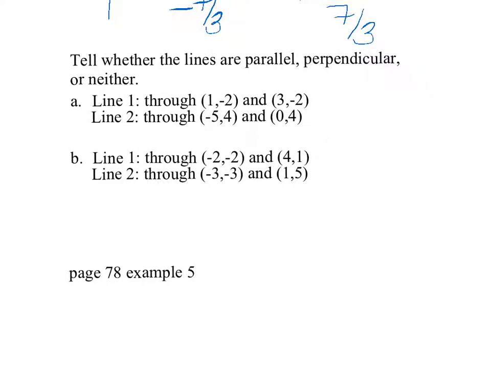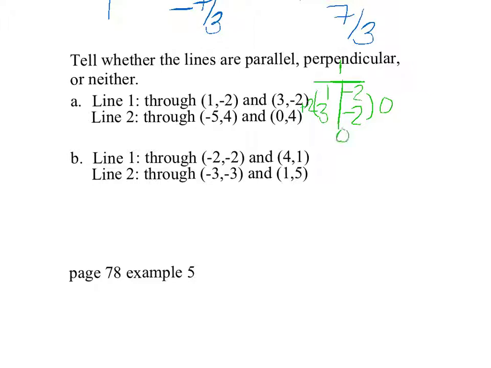And then last here, we're supposed to tell whether the lines are parallel, perpendicular, or neither. You know, we get stuck in this idea of they have to be either parallel or perpendicular, but it is possible that they're neither, and they're just two lines that cross at some point. So let's check it out. Line 1, I've got point 1, negative 2, 3, negative 2. So let's see here, I add 0. Over here, I add 2.